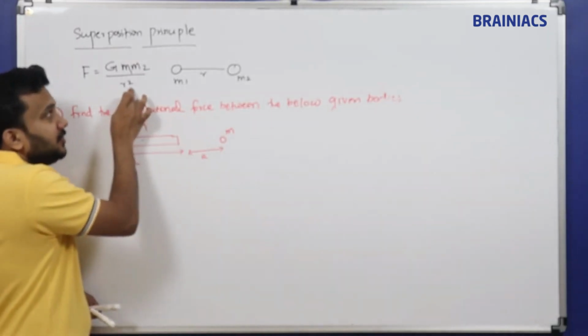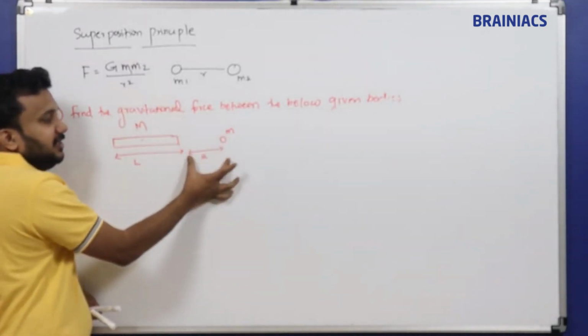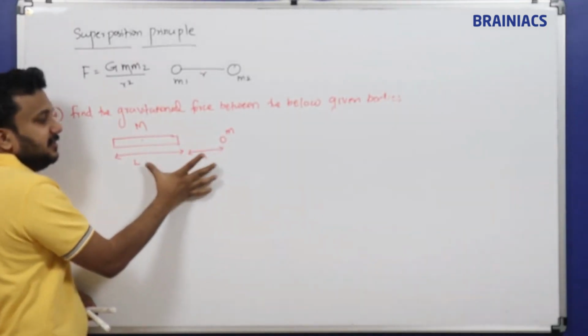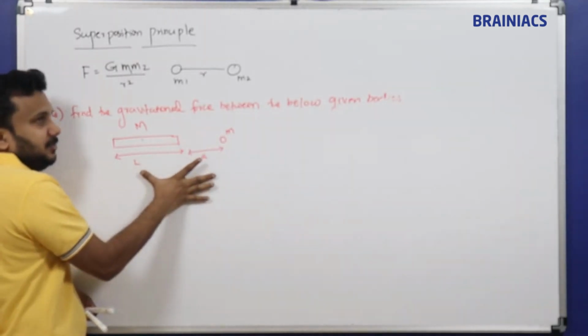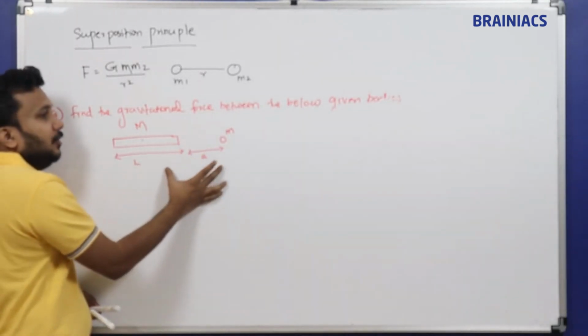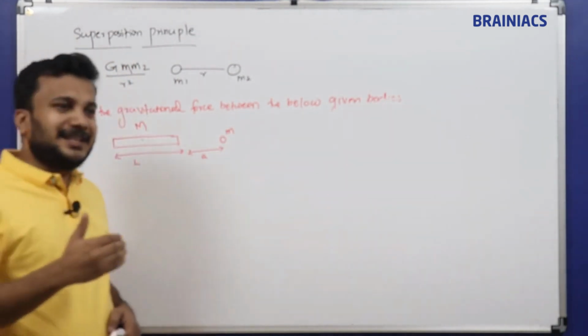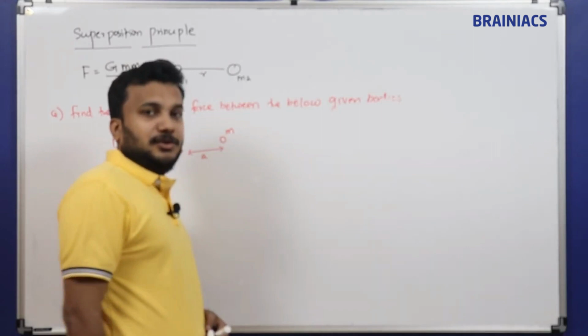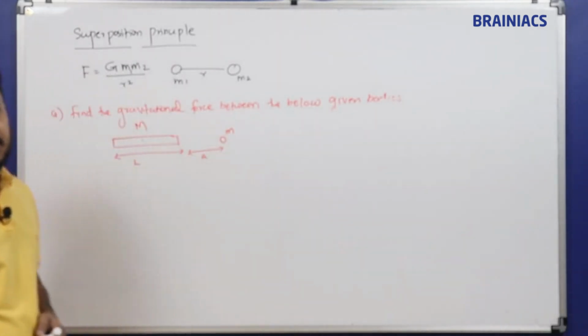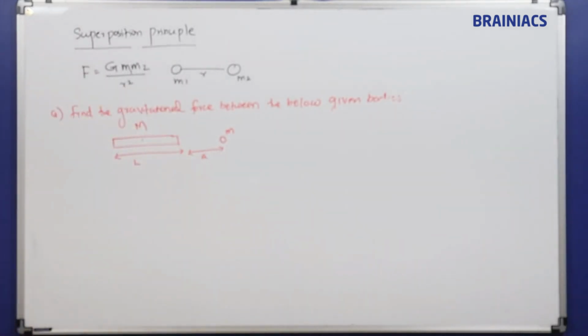Why is it changing? Because R, the distance between the two bodies, keeps increasing, initially this distance, then it increases, then increases again, this much. So when the distance keeps on increasing, the gravitational force is changing. So there is a tendency to change based on the distance. In this context, what can we do?